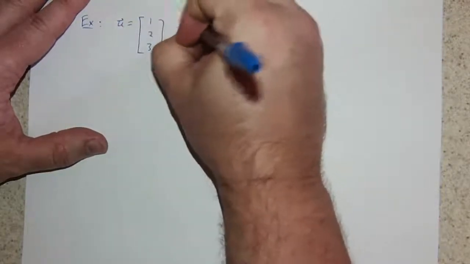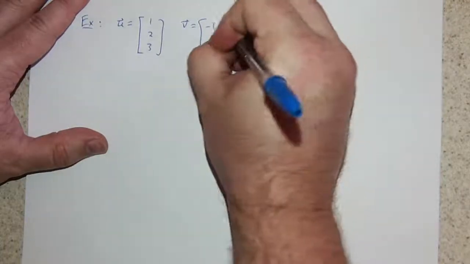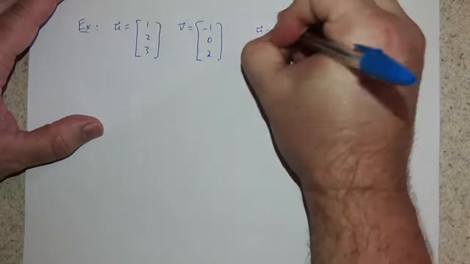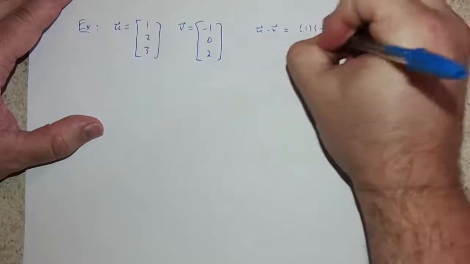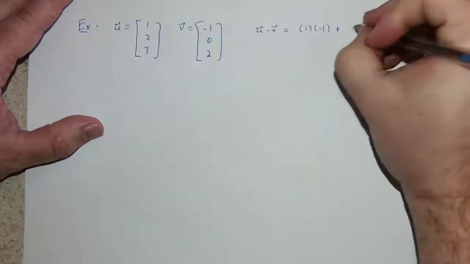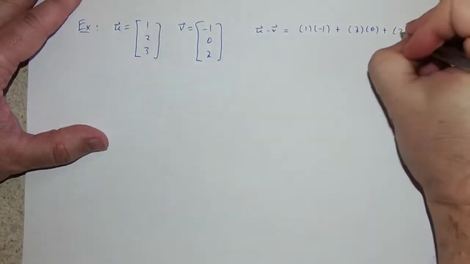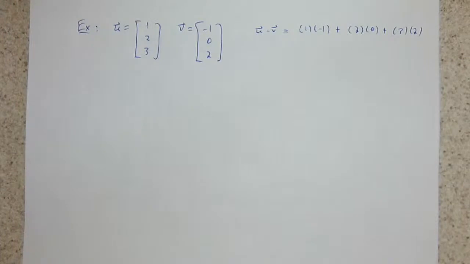Let v be the vector -1, 0, 2. Then what is u dot v? Well, u dot v is 1 times -1 plus 2 times 0 plus 3 times 2.